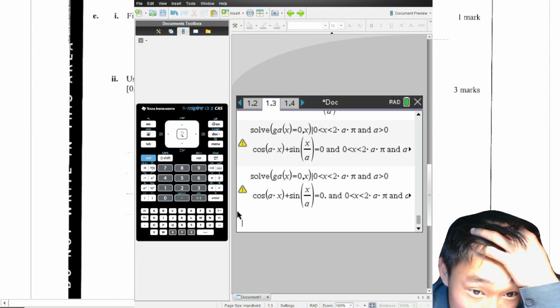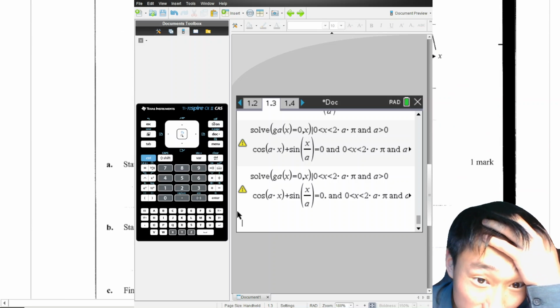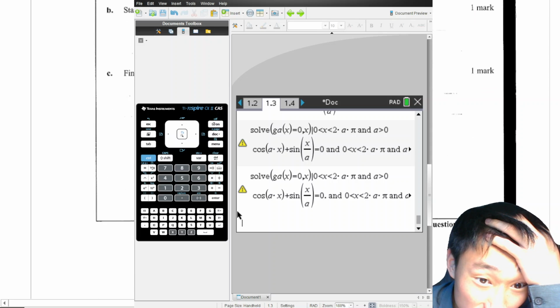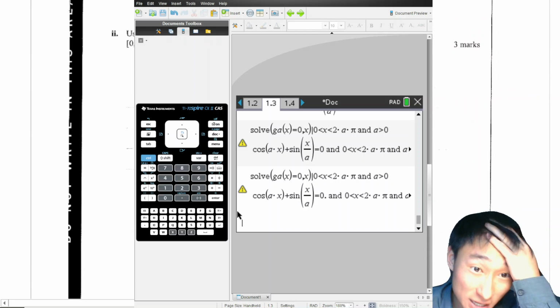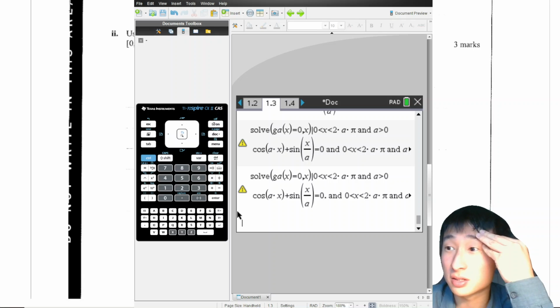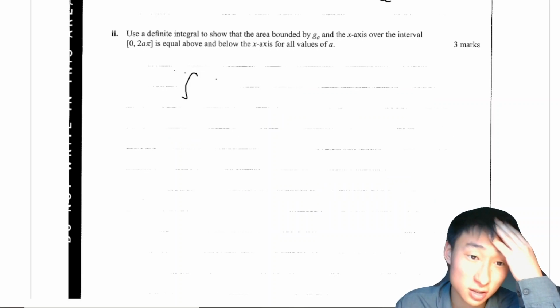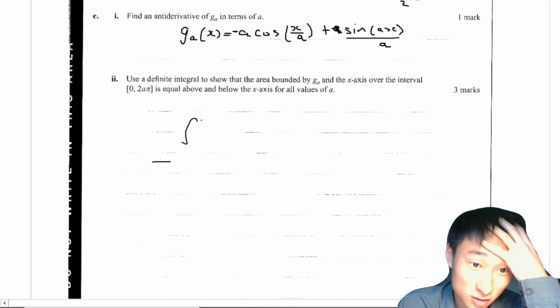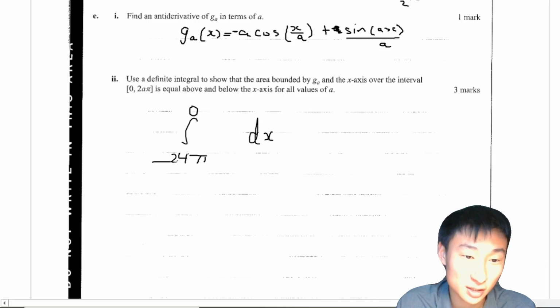Wait a second. Can't I just do one period? In order to show that the area above and below the x-axis is equal, can't I just do this and chuck it into CAS? I keep thinking negative 2a.